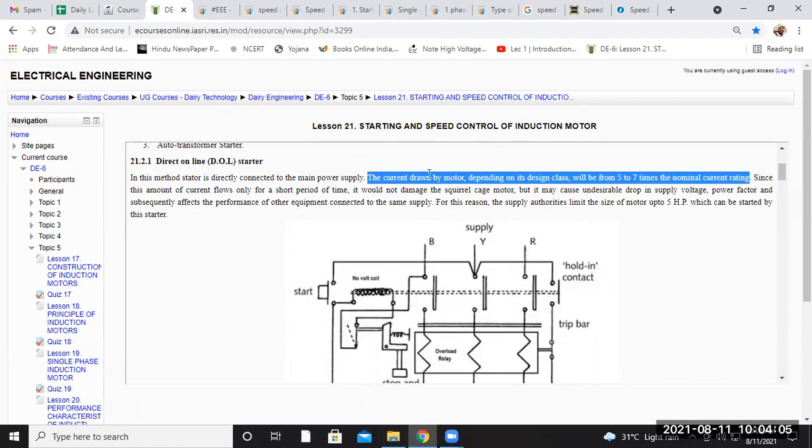If the normal value is, let us say, 10 ampere, then you will get 50 to 70 ampere current. That is very high for an induction machine. In that case, the voltage drop will be much higher, or insulation failure can occur with this direct online starting method.